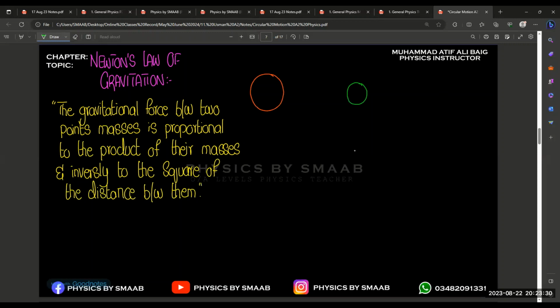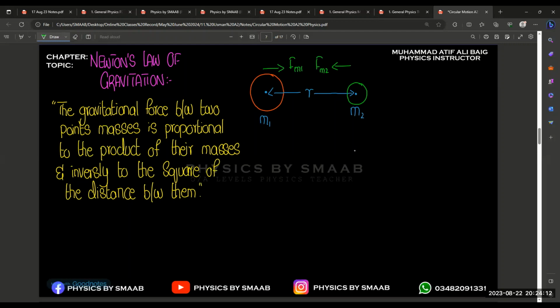From their centers we can easily find their distance, and the second thing is their masses. This one is m1 and this will be m2. And they apply a force of attraction: the force applied by body 1, and the force applied by body 2.